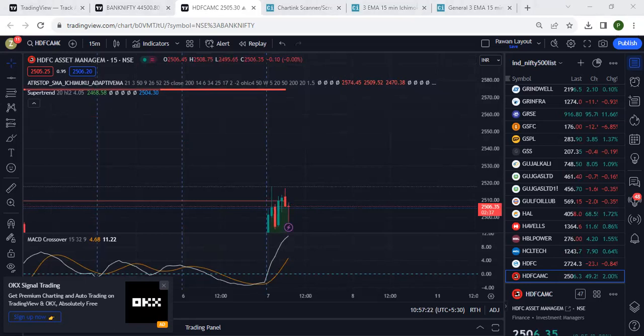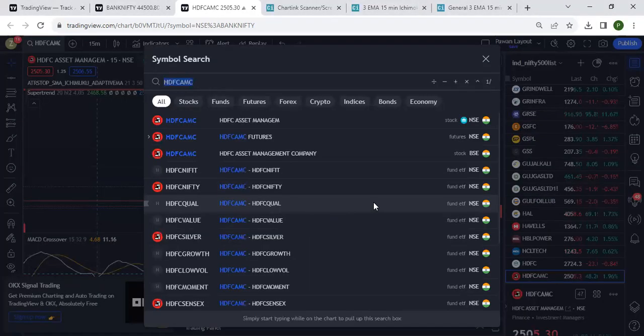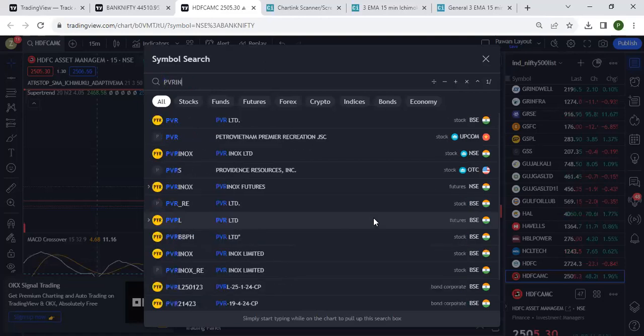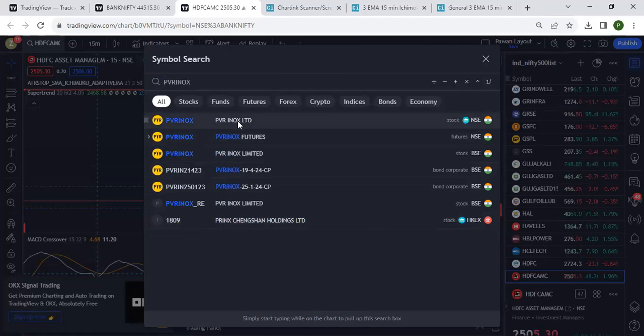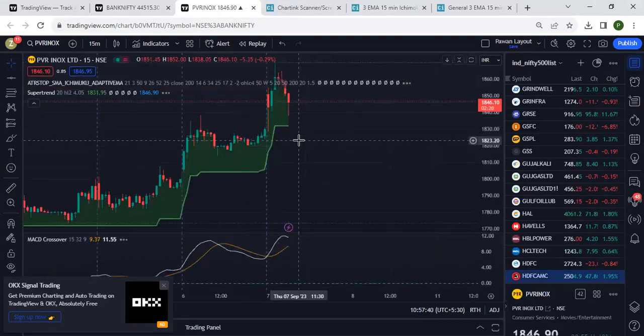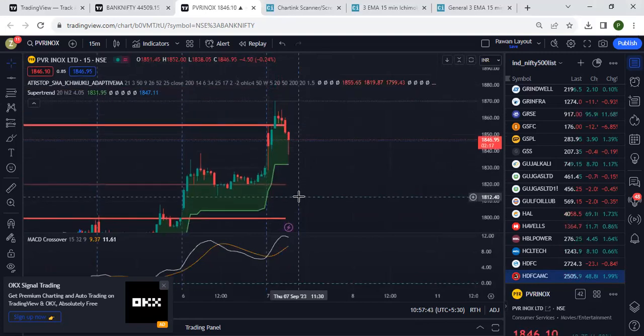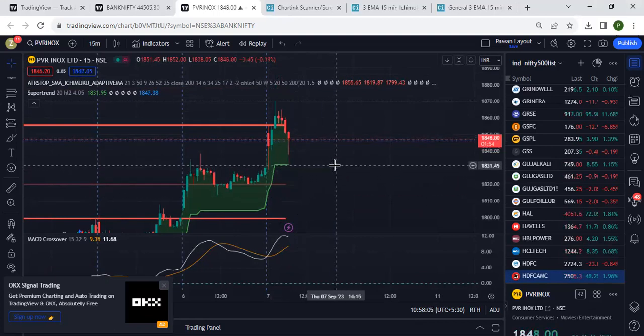PVR Inox has generated the buy signal and is currently in the bullish zone as long as it trades above 1831.